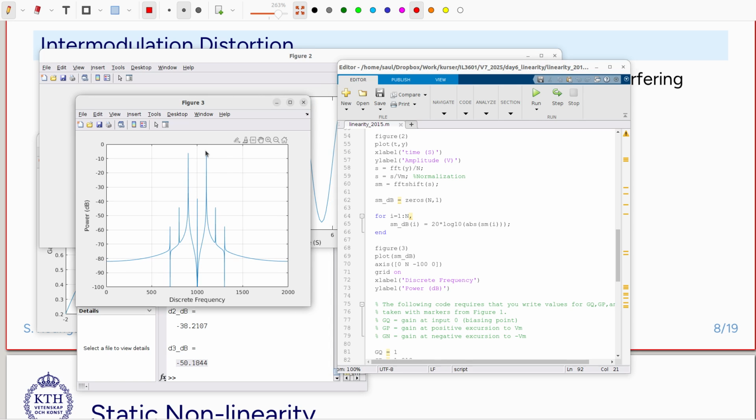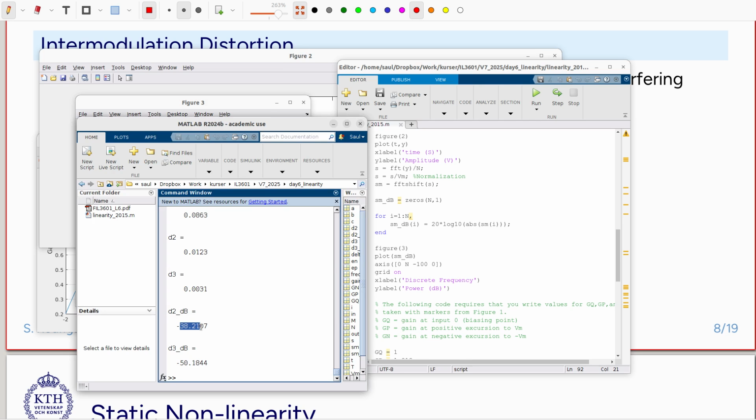We take the fundamental, put a marker on the fundamental, and let's take a look at the second order distortion. We have the second order term here, and then we subtract these two. The fundamental is minus 6 dB, the second order distortion is minus 44, so it is minus 38. So it is exactly what is predicted by my equation.